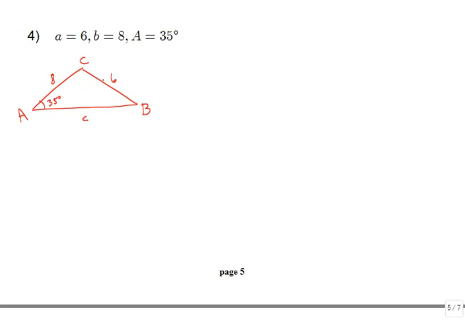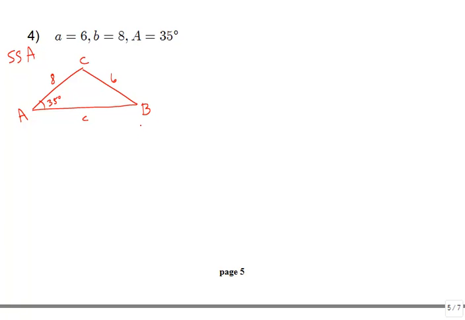And I also know side B, so I'm going to put that opposite angle B. So it's very similar to the picture that we drew for the last problem. We are given a side, and an angle. So it's this SSA again. So this is that ambiguous case with potentially more than one triangle possible or no triangle possible. So let's see what happens here.